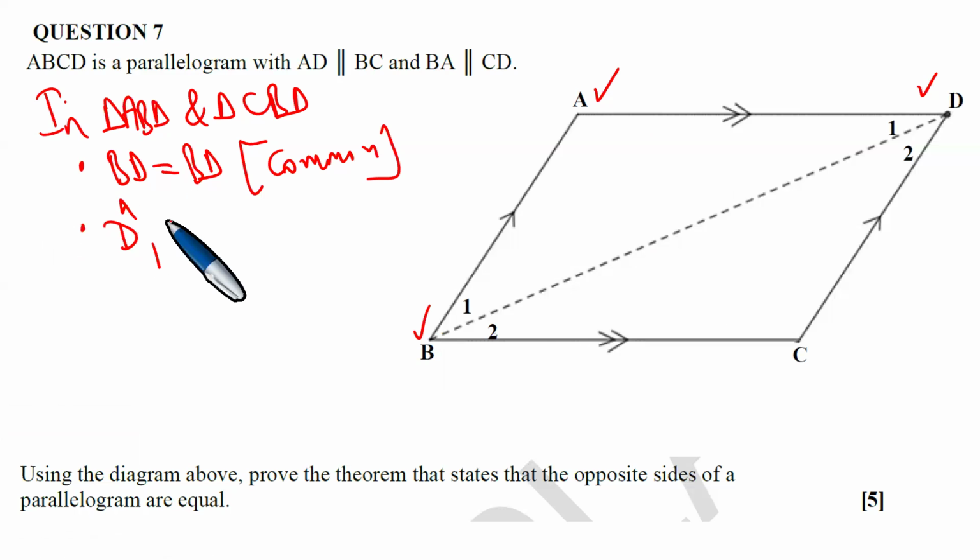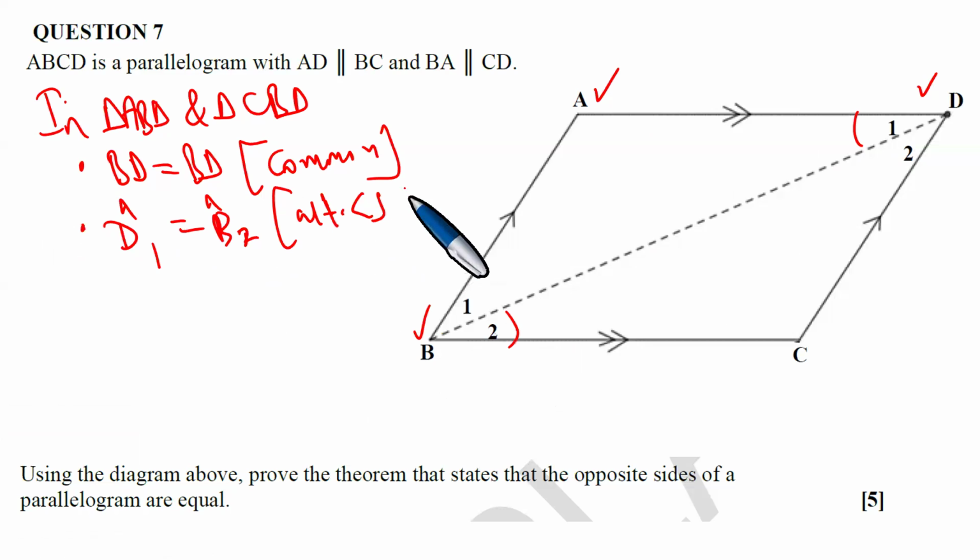D1 equals B2, which are alternate angles, because AD is parallel to BC. If we say D1 equals B2, these are alternate angles because AD is parallel to BC, yeah?